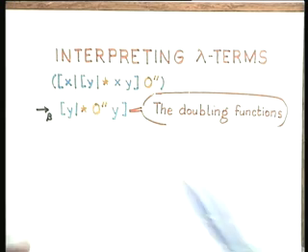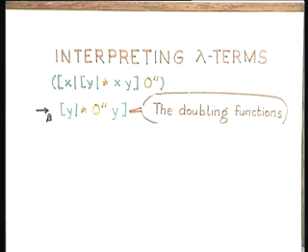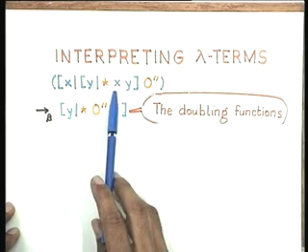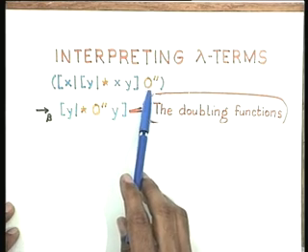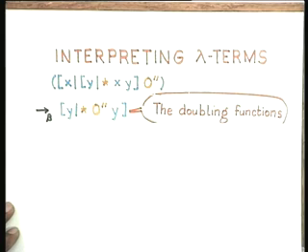Given any natural number, it will double it. So this x will be substituted by this 0 double prime, and you get the doubling function.